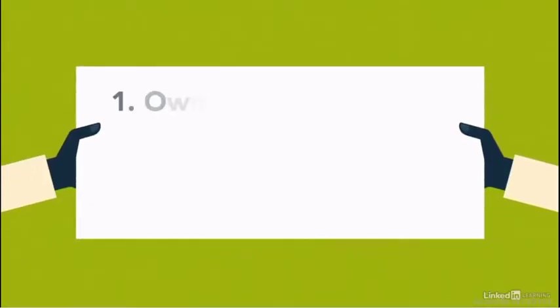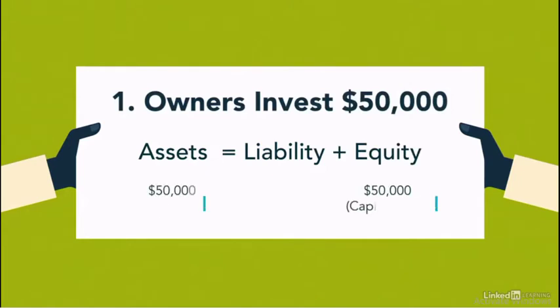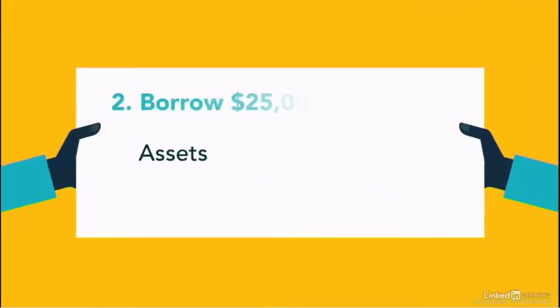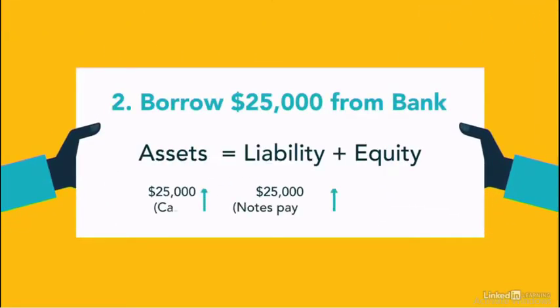To see how this balance is maintained when accounting for business transactions, consider the following activities. In the first transaction, $50,000 is invested by owners. This would cause our assets, specifically cash, to increase and our equity, specifically capital stock, to increase, both by $50,000. In the second transaction, we borrow $25,000 from a bank.